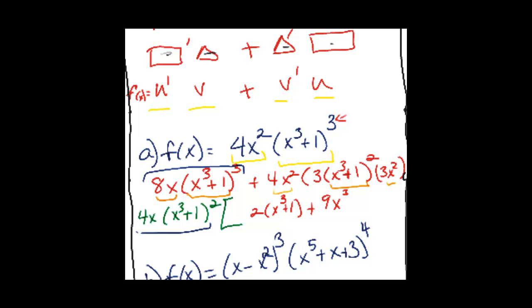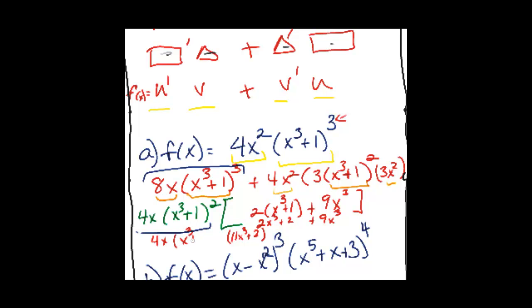So that expression simplified rather nicely. And then you can distribute that through, you get a 2x cubed plus 2, and look, there's another x cubed term there. So what we can do is combine those and get an 11x cubed plus 2 times 4x.